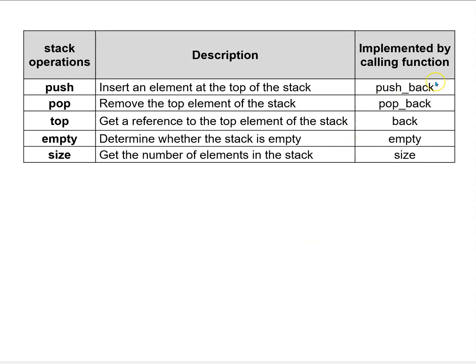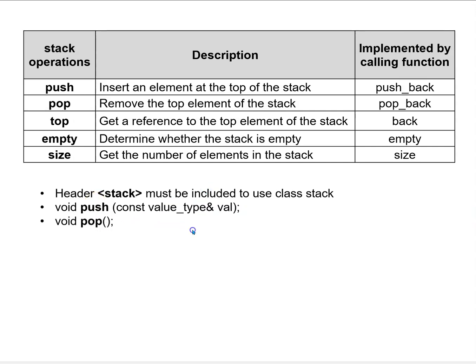Each of these elements is implemented using these internal function calls. Push is a push_back, pop is a pop_back, top gets the back, etc., because we deal with the end of the stack. You have to include stack, and here are the different prototypes.